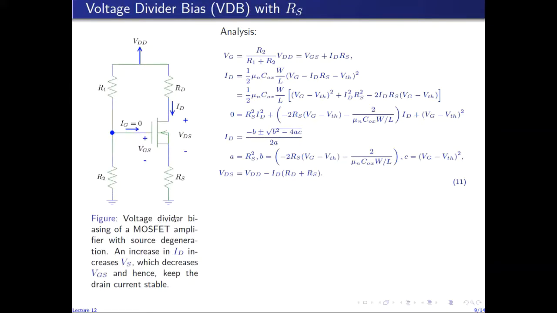Since VGS depends on ID, this circuit has much better stability against variations in the parameters of the device. So we can see that any increase in ID, if ID increases because of some variation in the parameters of the device, then VS will increase. The voltage drop across RS will increase. As VS increases, since VG is fixed, it is set by R1, R2, and VDD, the increase in VS will decrease VGS.